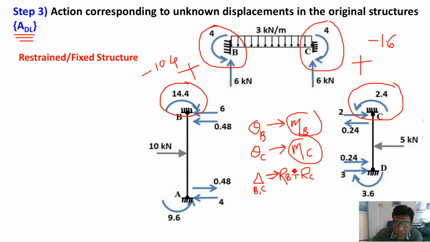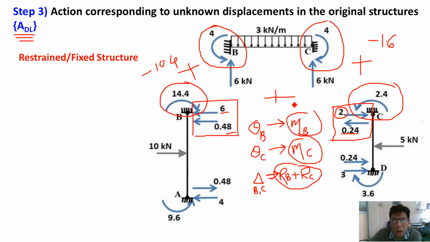And third, RB plus RC. What is RB? RB is the addition of these two reactions, plus RC, the addition of these two reactions. So you have to add all 4 reactions: minus 6, minus 0.48, minus 0.24 and plus 2.